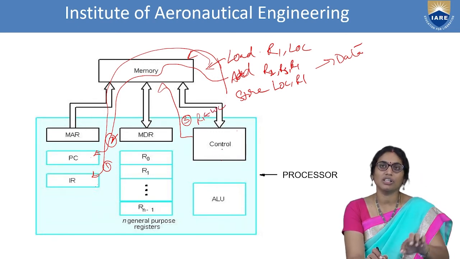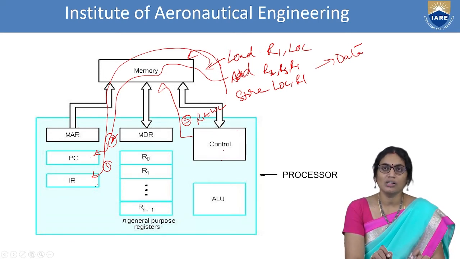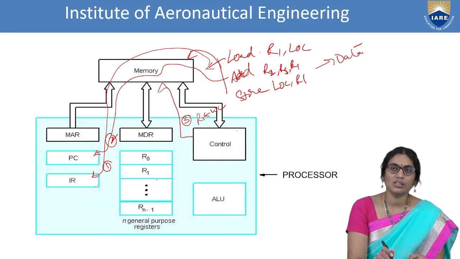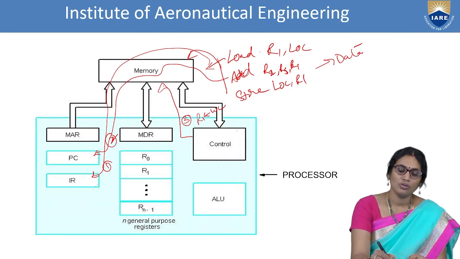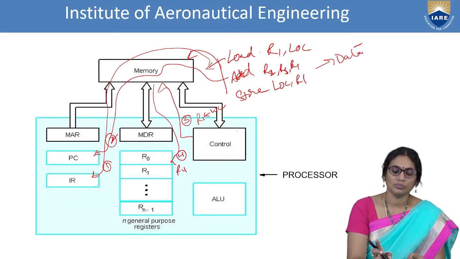So the control unit will initiate the memory to store the data of LOC. Now, how is it stored? It is not directly stored in the memory; it is stored by means of registers. So it is getting the data from LOC and it is being fetched into R1. So this is the fourth step.